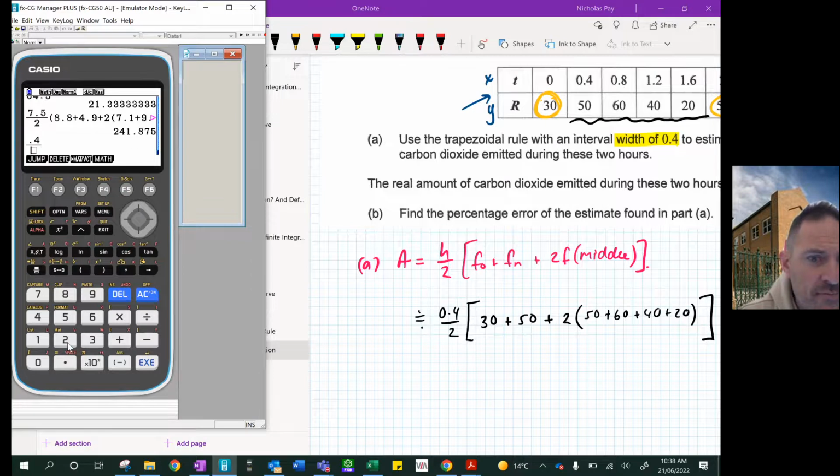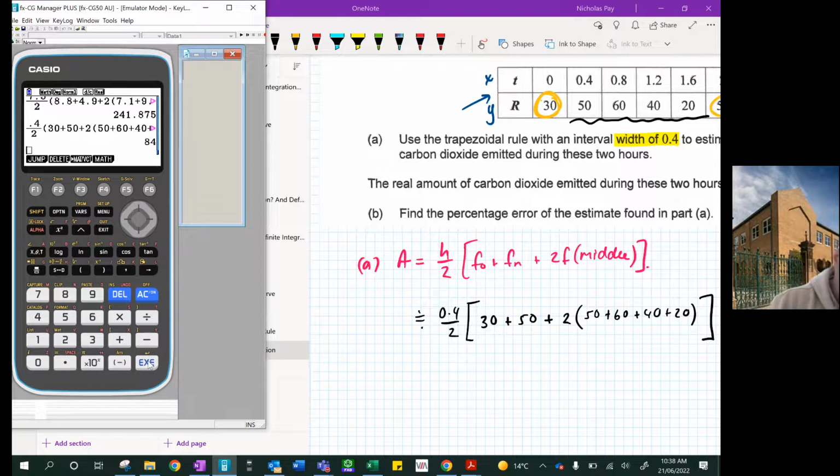0.4 all over 2 brackets. If you want to do things like 30 plus 50 is 80, that's fine. Take shortcuts if you know what the answer is going to be. 50 plus 60. Working out is very important, as it always is, gents. So make sure you do have your working out. And then make sure I close my brackets, press equals.